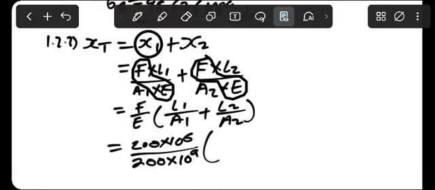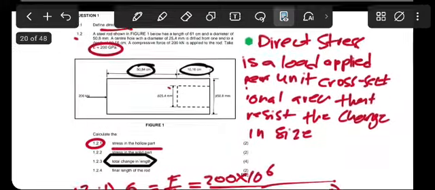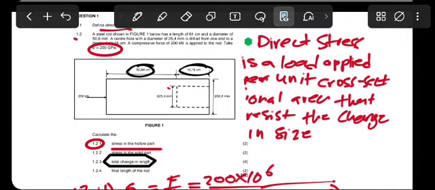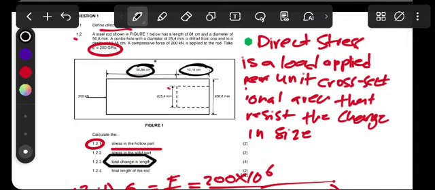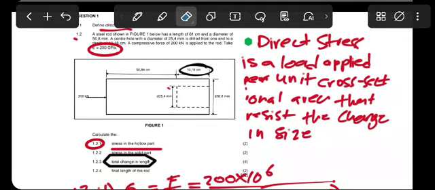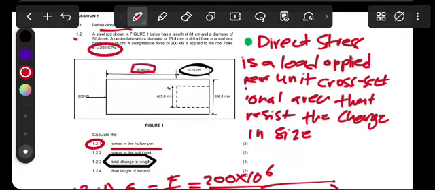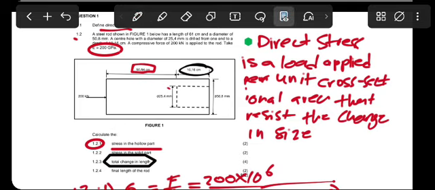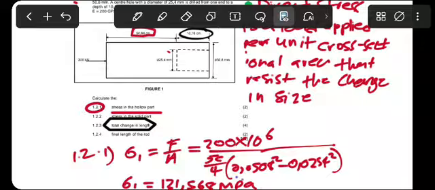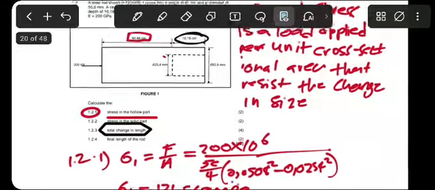So what is the length of the first part? The length here is the length of the first part, as you can see. All right, 50.84, that will be multiplied by 10 to the power of minus 3.